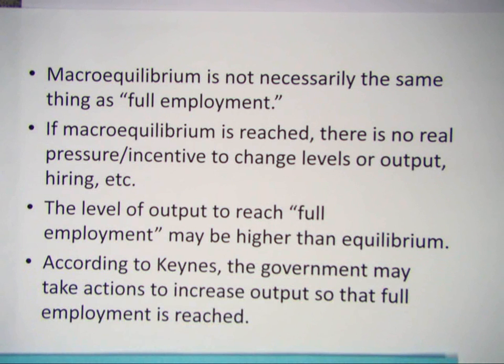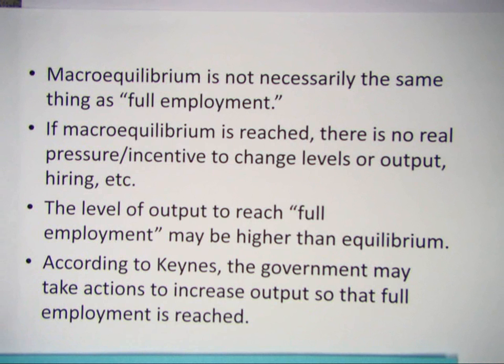According to Keynes, in order to increase output and therefore get people back to work, so that aggregate expenditures increase and there's that incentive to hire more people, the government should take action to spend more money basically to get more people working.